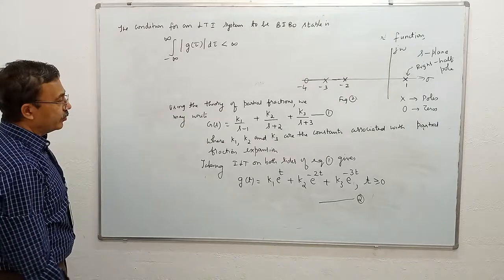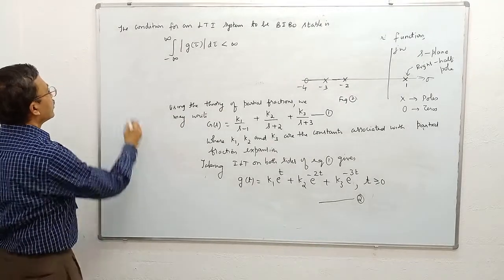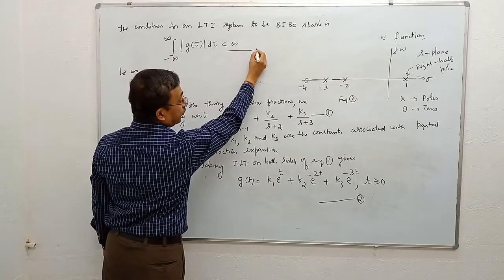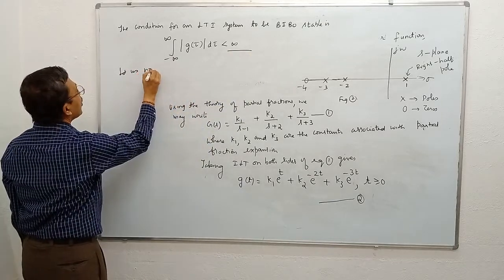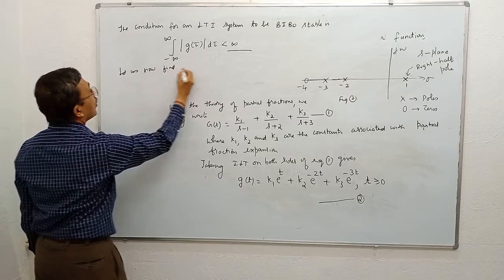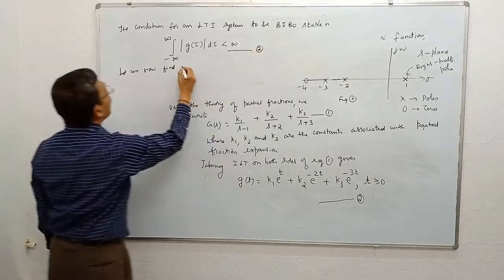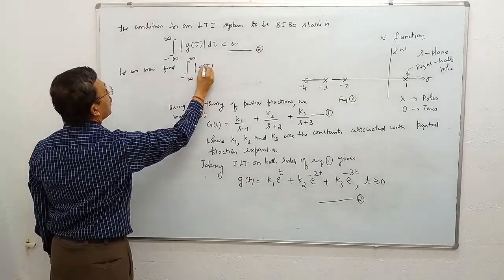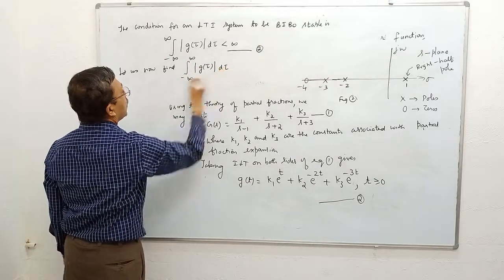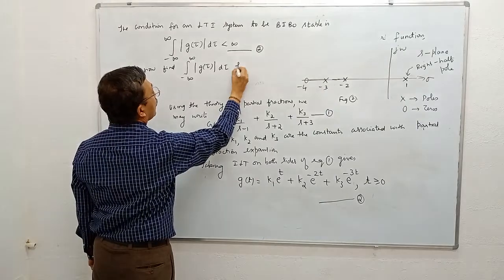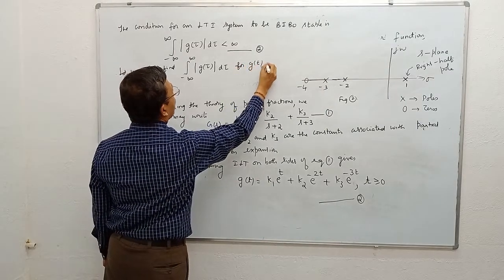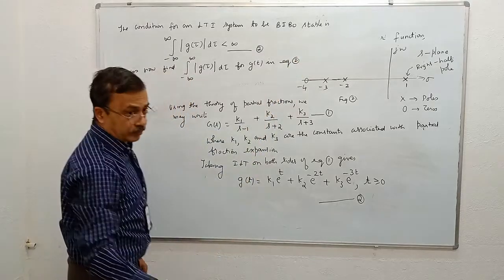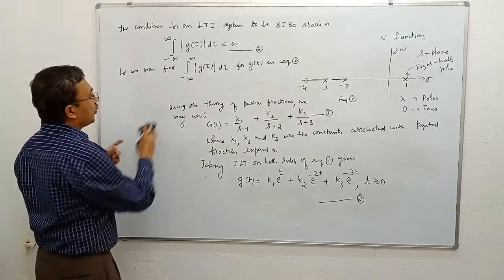This is the condition. Let us now find the integration from minus infinity to plus infinity of modulus of g(tau) d tau for g(t) in equation 2.